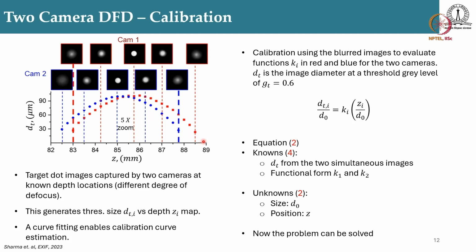And now we have known parameters, two thresholded diameters, and now there are two unknowns, that is the size and depth. It looks like a sufficient condition now for the problem to be solved, and that is true. As these two are nonlinear and just shifted, but they are sixth order polynomials, we have to use some numerical juggling to solve the two equations with two unknowns, but we can do that and estimate the actual size and depth of the particle.